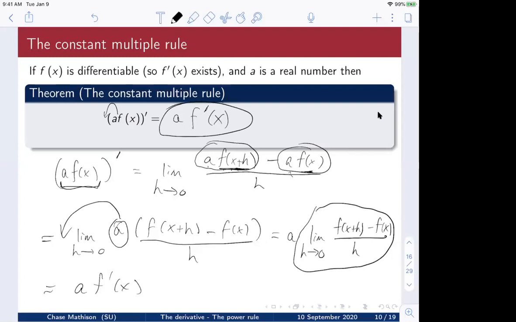Okay, so that's one that might feel intuitive, but it's definitely good to be able to prove intuitive things in math because sometimes the intuitive things are the hardest things to prove. Okay, so are there any questions on constant multiples of functions and taking their derivatives?